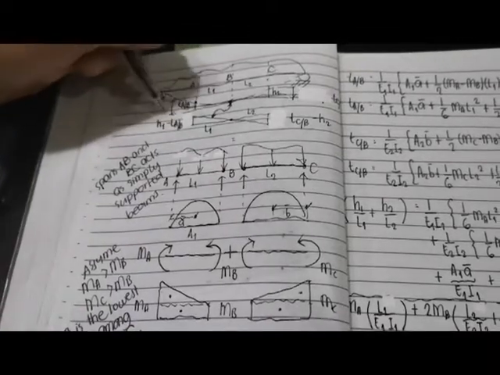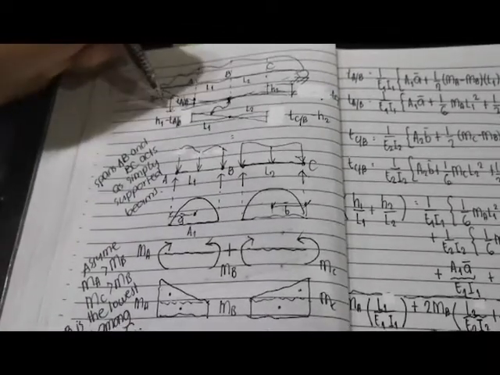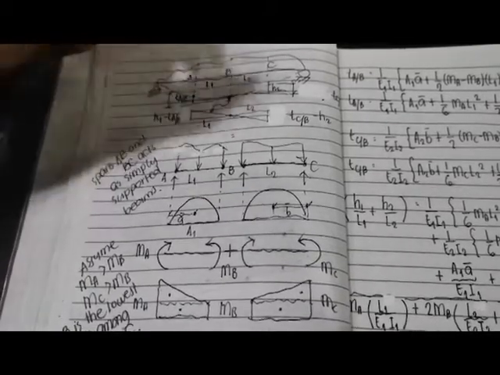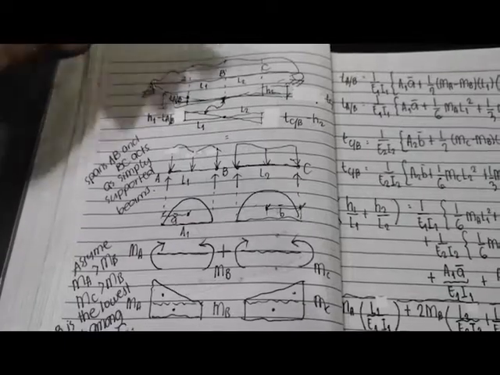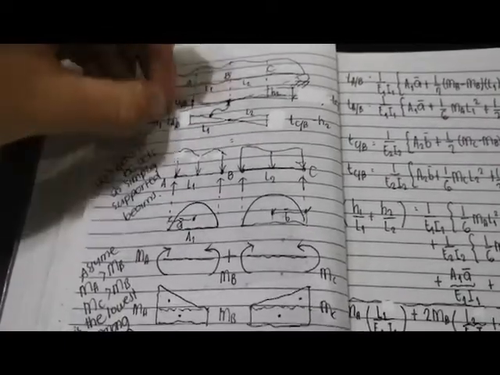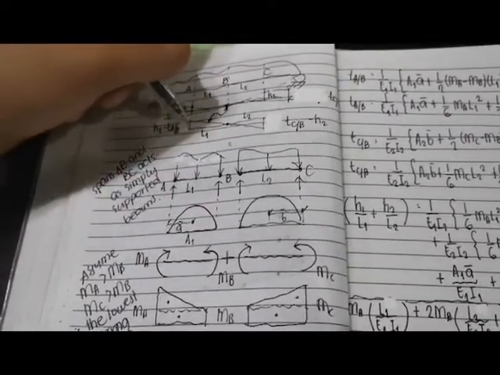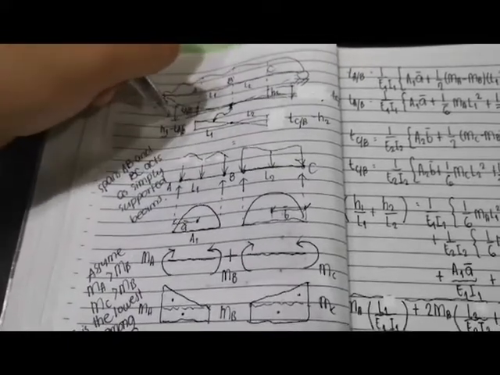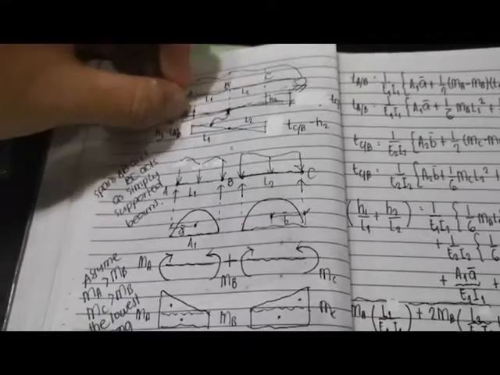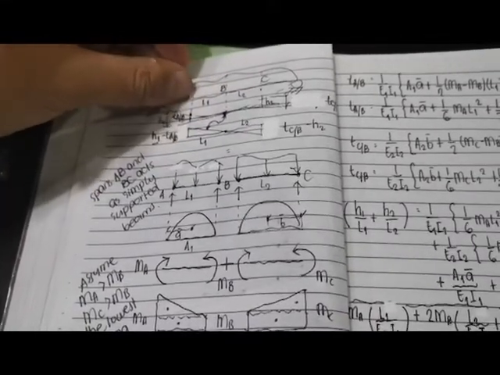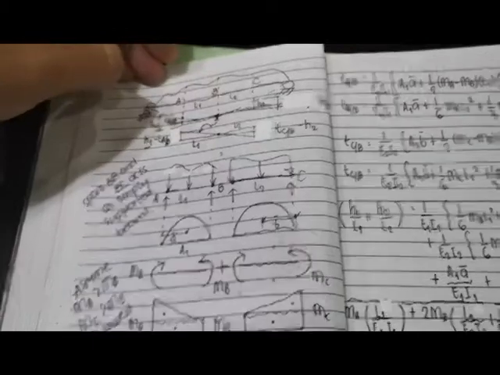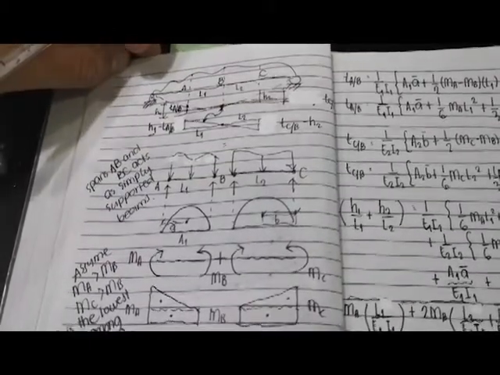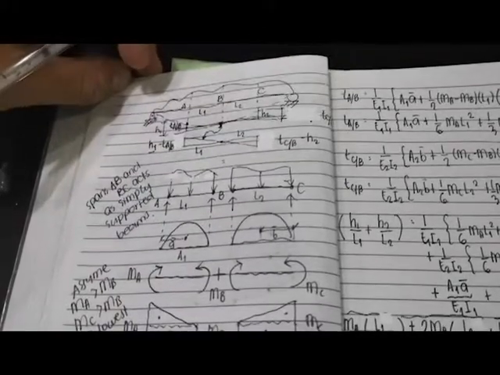Since we assume that point B is the lowest of the three points we are considering, the distance of this triangle is equal to h1. So h1 is the vertical distance of points A and B when the beam is subjected to load.